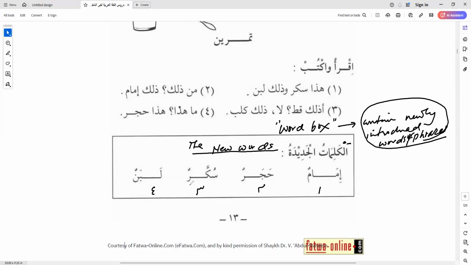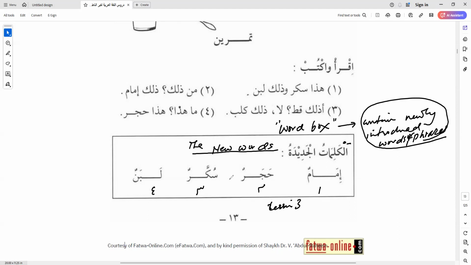So we have 4 so far. So before you go to lesson 3, make sure you've mastered these words plus those that we encountered in book 1. Again, before you move on to lesson 3, make sure you have memorized and mastered words in lesson 1, plus the new words that have been introduced in lesson 2.